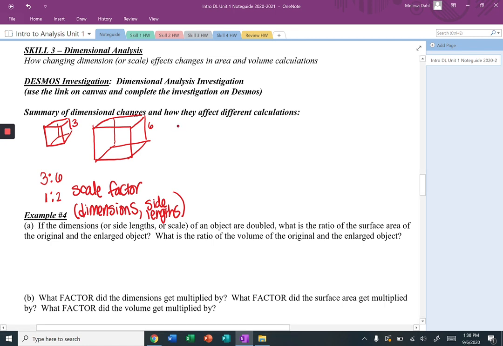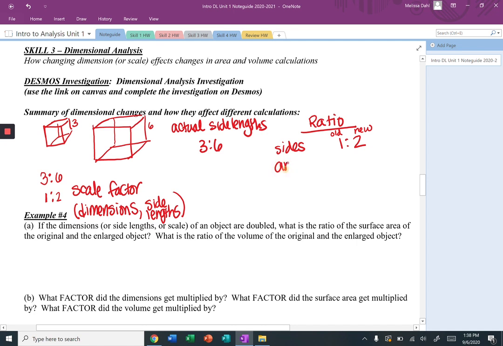So the actual side lengths went from 3 to 6 when you enlarged the figure. What that means for us is that the reduced ratio of the side lengths is 1:2. And that's the old one compared to the new one.